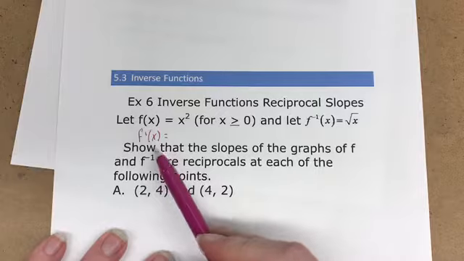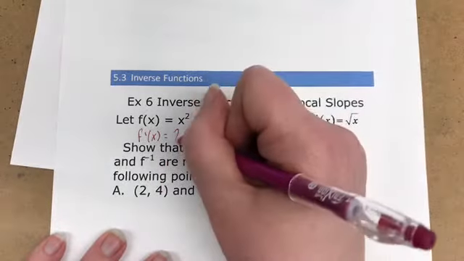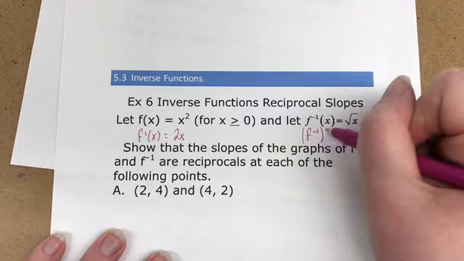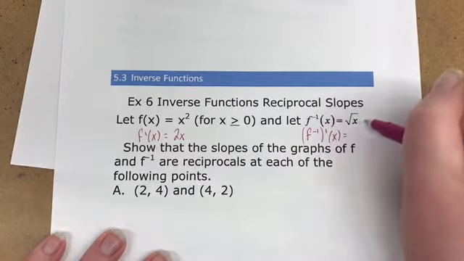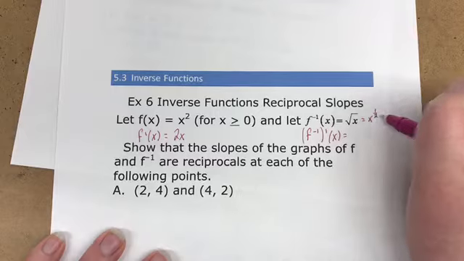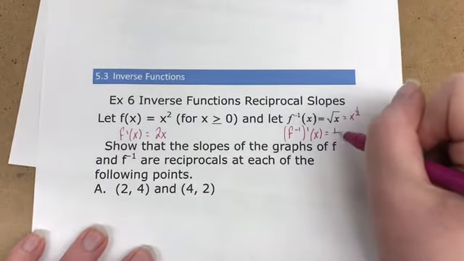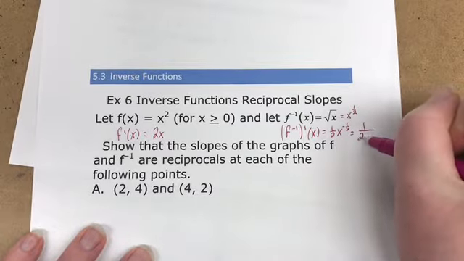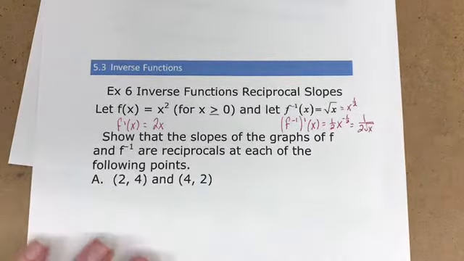So I know the derivative of x squared would be 2x, and the derivative of f inverse, remember this is the same thing as x to the 1/2, so I'd have 1/2 x to the negative 1/2, or 1 over 2 square root x.